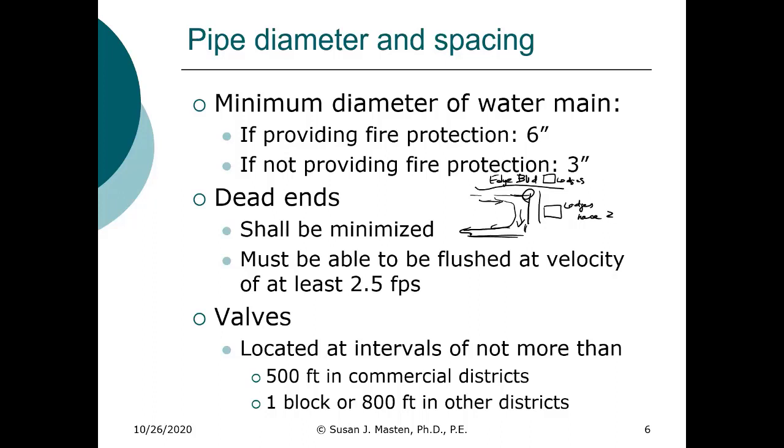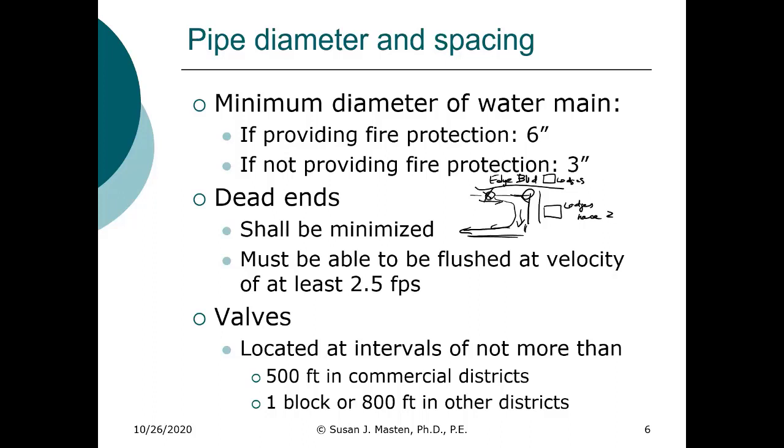It also allows you to have increased reliability. If this is a dead end and water flows only in this direction, and I have a water main break here, and I don't have a way to redistribute water, then nobody in this area is able to get water.